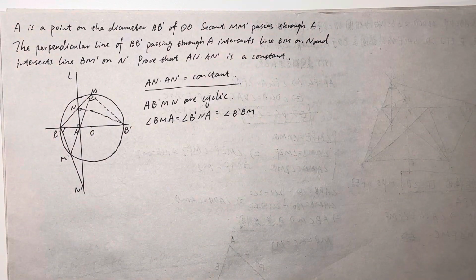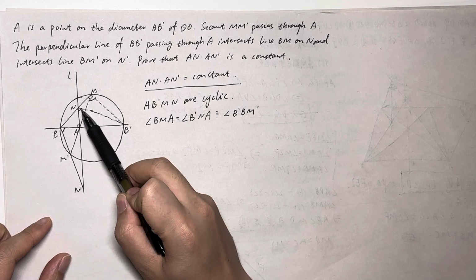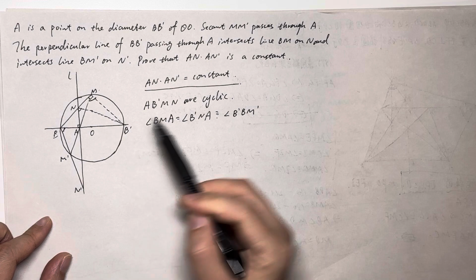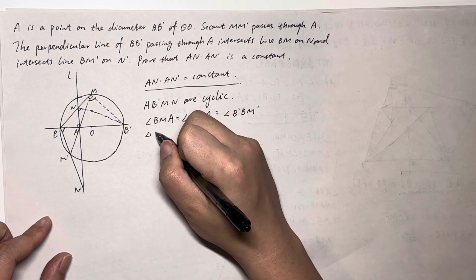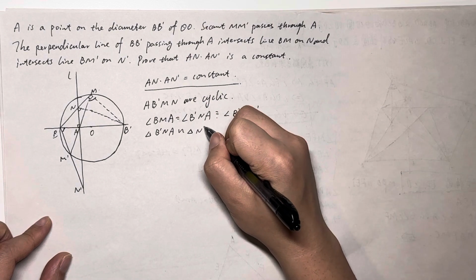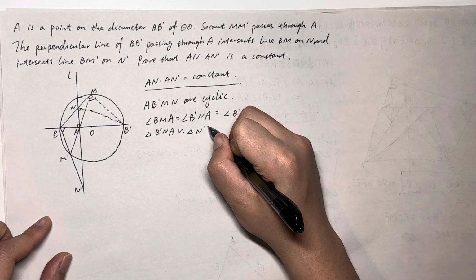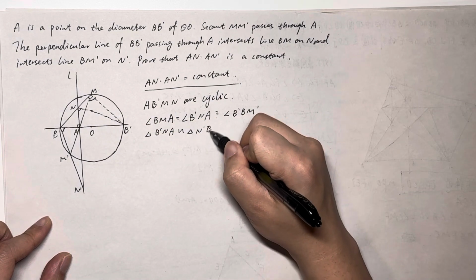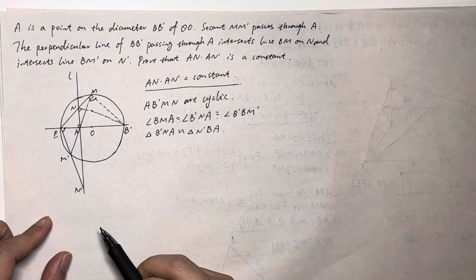I think you know what I'm doing here. I'm trying to find as many equivalent angles as possible so that we can use these conditions. Because this angle equals this angle, and this is 90 degrees for all of these four angles, we know that triangle B prime NA is similar to triangle N prime BA.